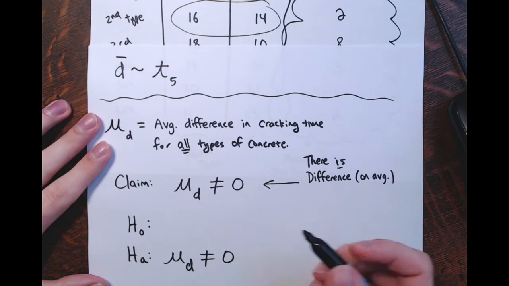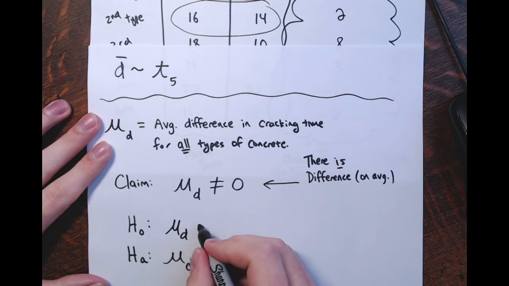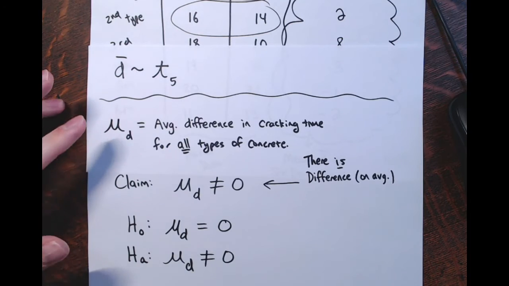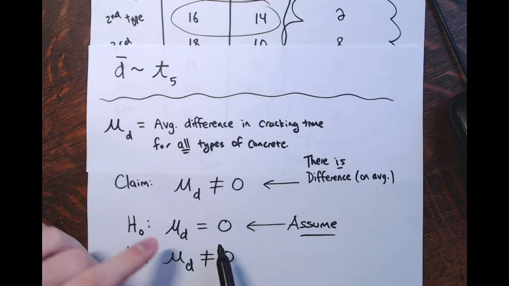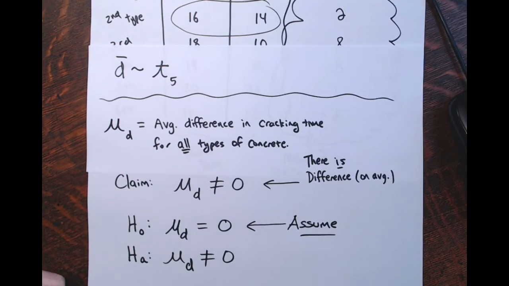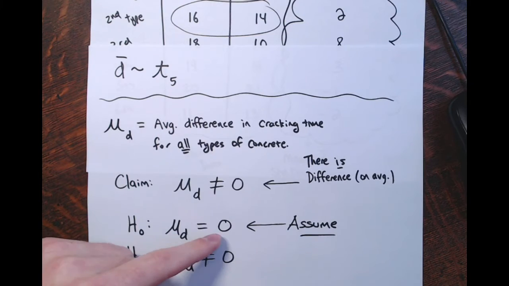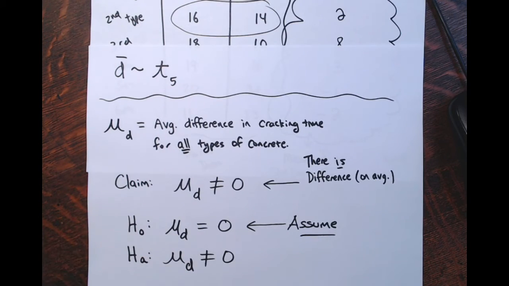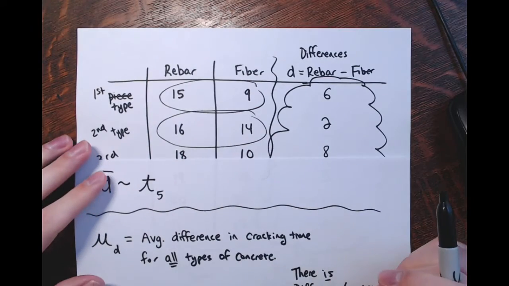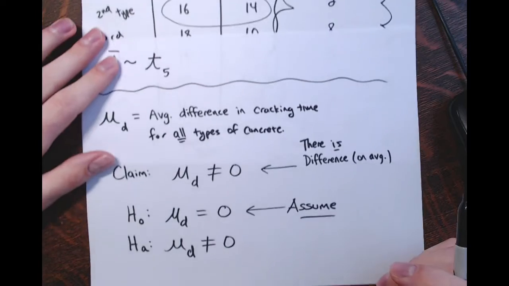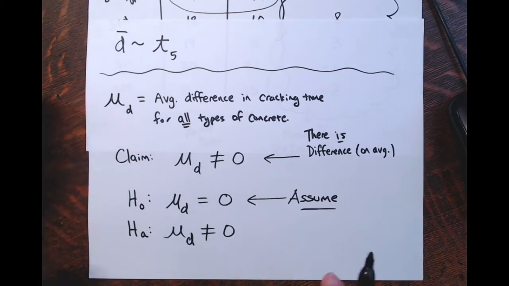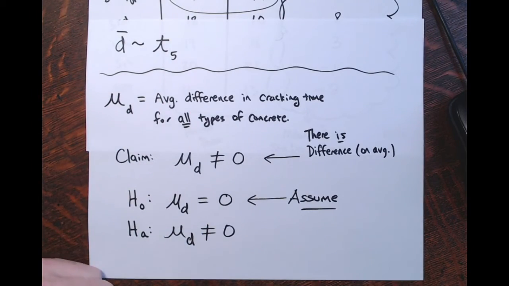And then the null hypothesis is always the opposite of this, which would be just mu d equals 0. And this is what we're going to be assuming. We're going to assume that there is no difference, that mu d equals 0. That means that on average, there is no difference in the cracking time for the concrete made with rebar and the concrete made with fiber. So we're going to assume this, and then use our sample data here to test this.